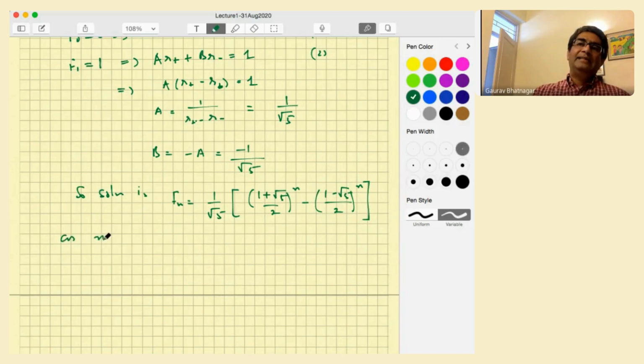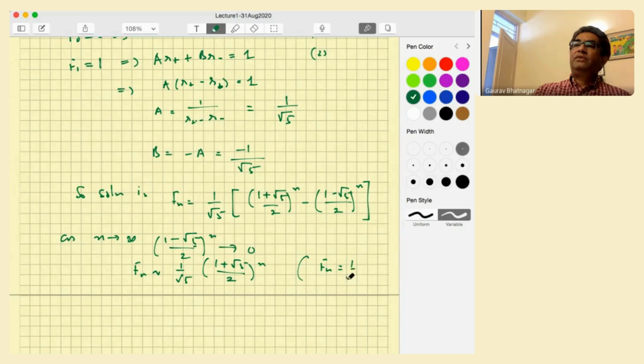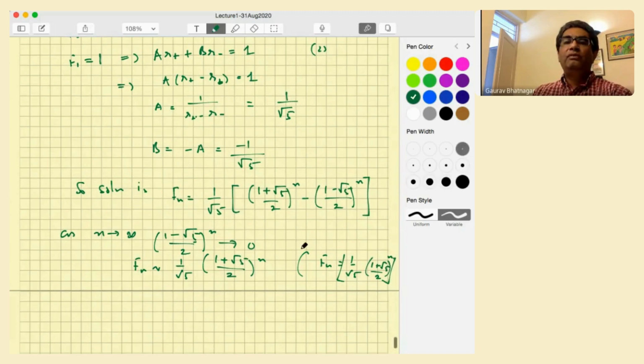So as n goes to infinity, this term goes to 0. So in general, Fn is approximately equal to the first term. In fact, you can prove Fn is 1 over square root 5 times R plus to the n, rounded to the nearest integer, using the floor function.